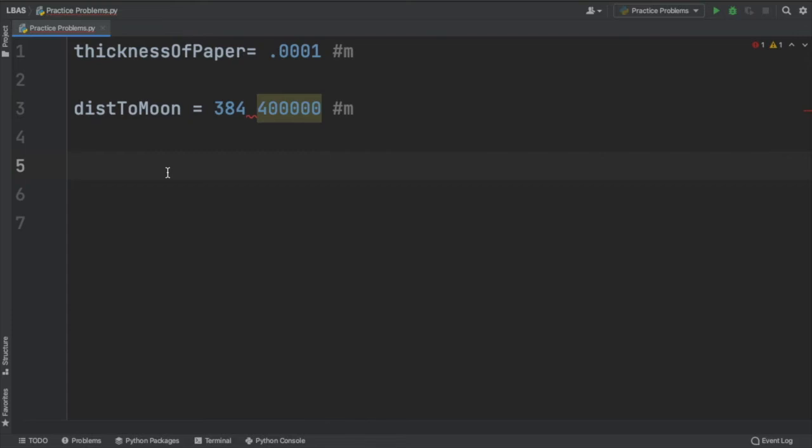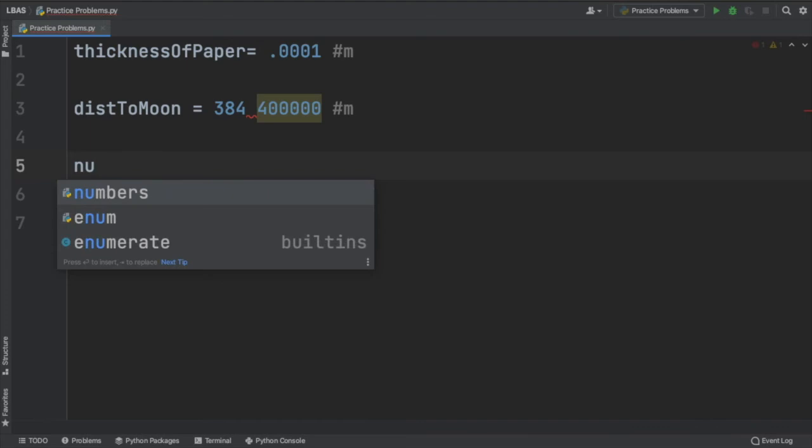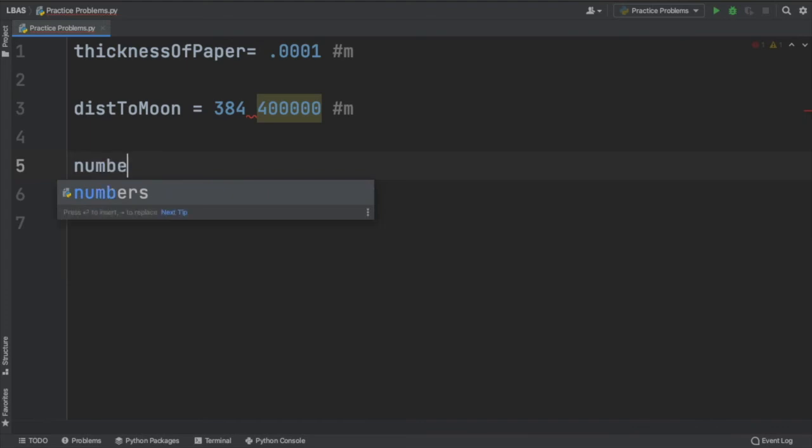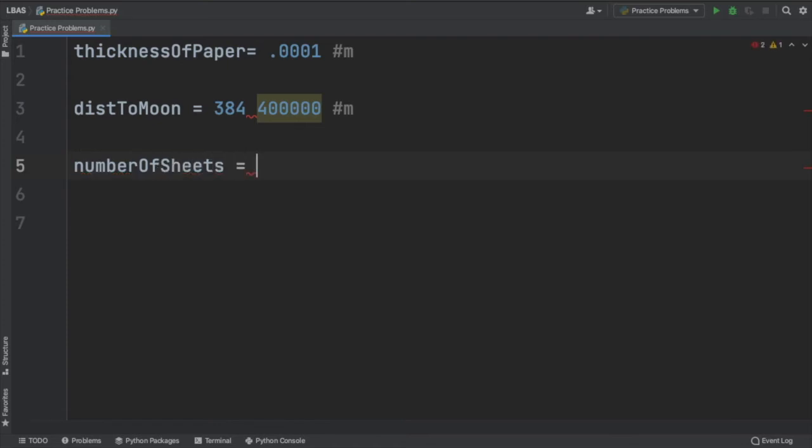So this is just a simple case of division. Number of sheets is equal to, of course, this divided by this.